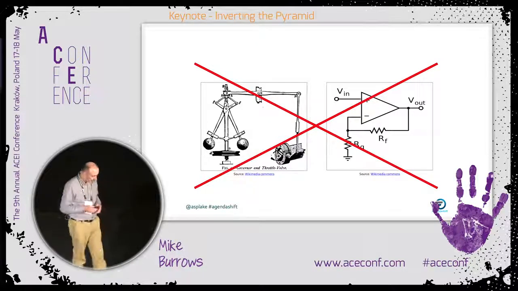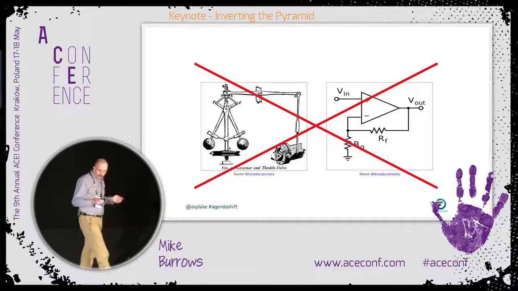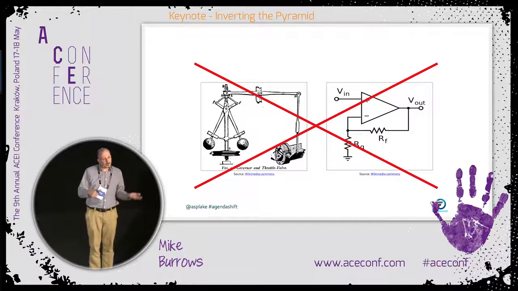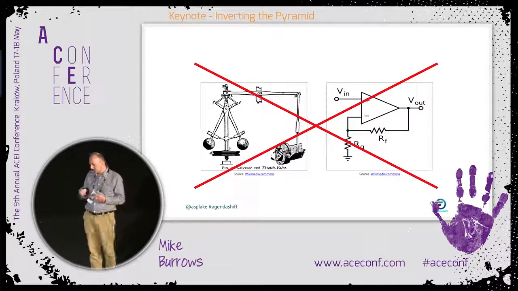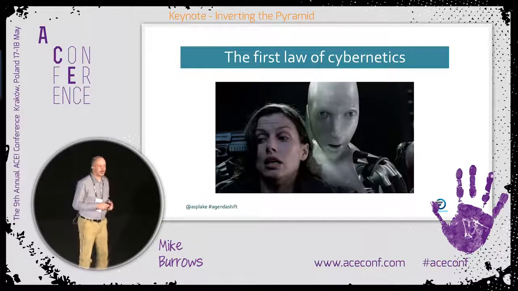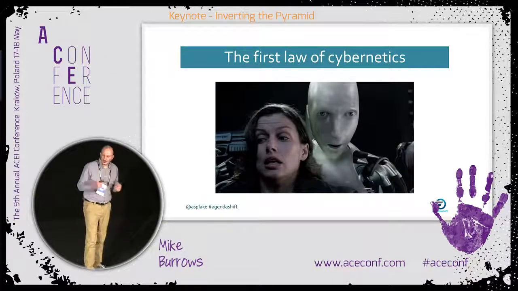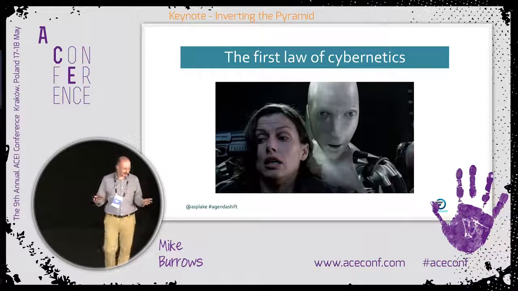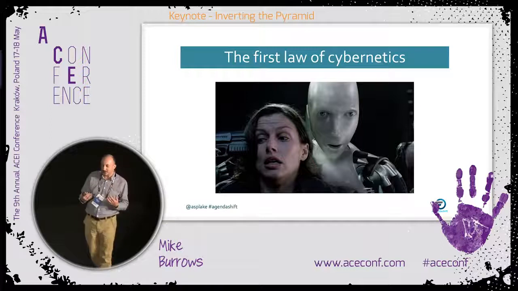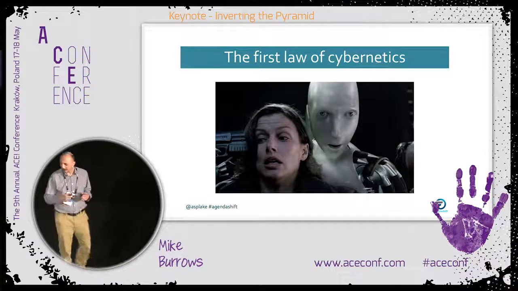I'll give you a couple more real-world examples. First, another explanation of why those are such terrible governance systems, and it comes down to what's called the first law of cybernetics. Some of you might think the first law of cybernetics is this one: no robot shall harm a human, or through its inaction cause a human to come to harm.